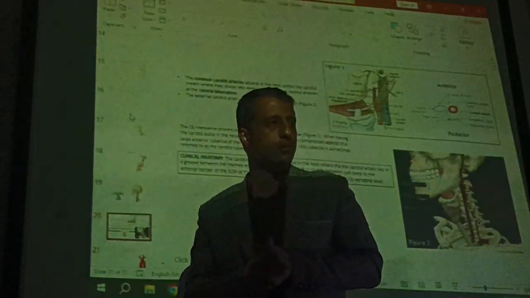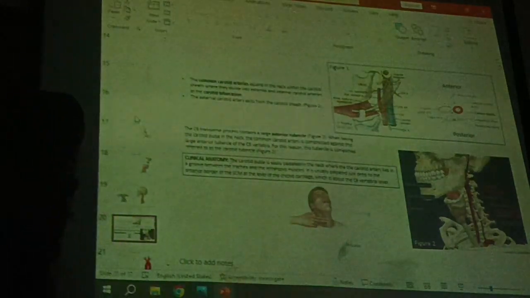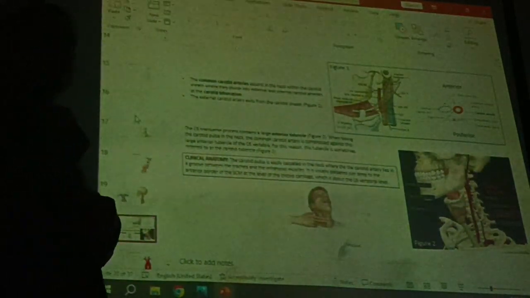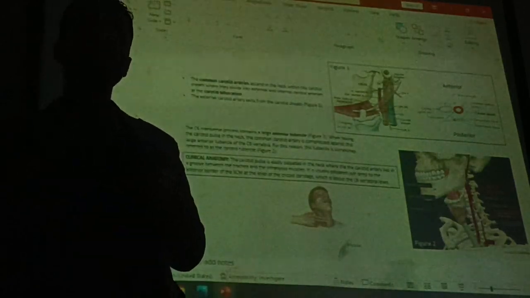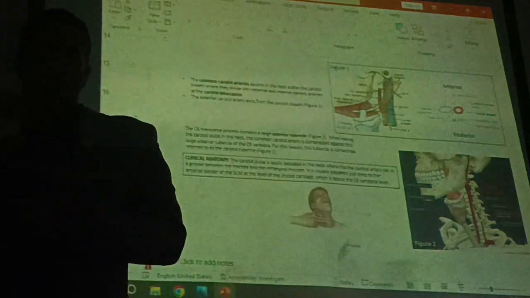So if you want to palpate the common carotid artery, this area, Adam's apple, is located at the level of which cervical vertebra?